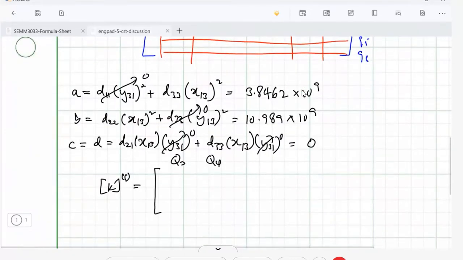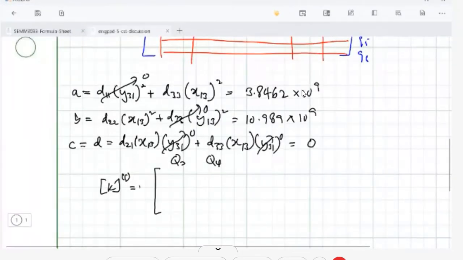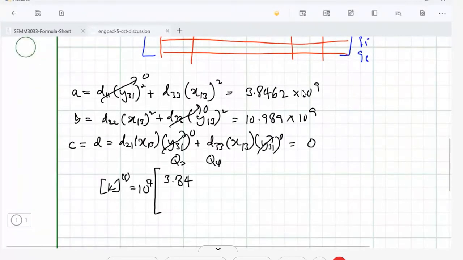So for our element number 1, this is what we get, if you do this correctly: 10 to the power of 7 times 3.8462, 0, and 10.989.